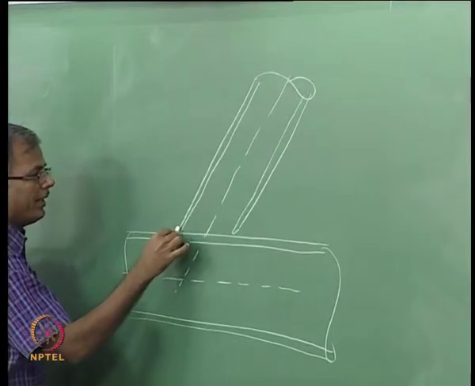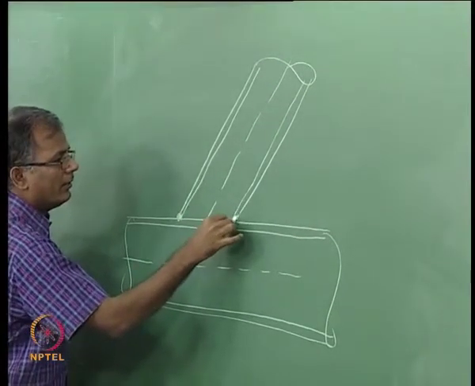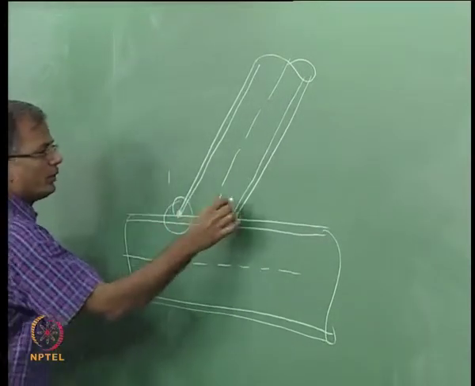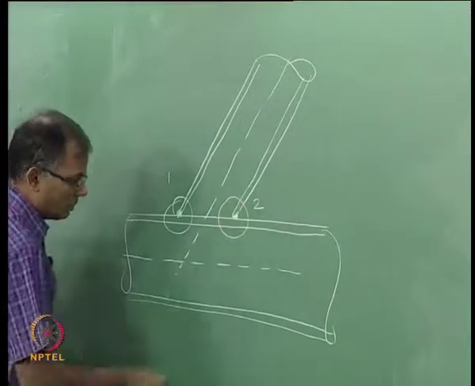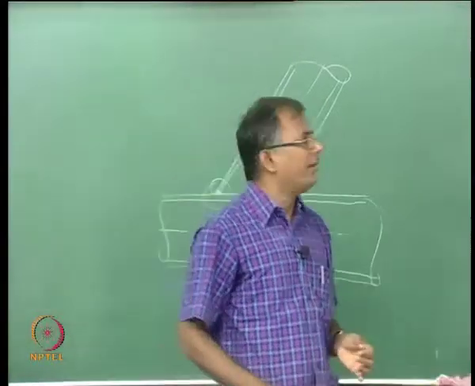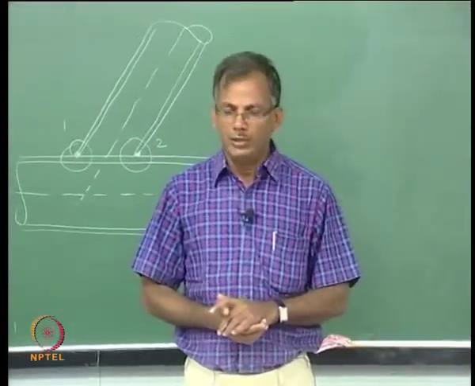So, in this area and in this area, basically situation 1 and situation 2. On the right hand side we have situation 1 where the angle is larger than 90 degrees.